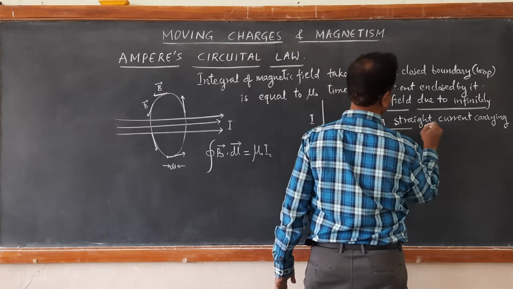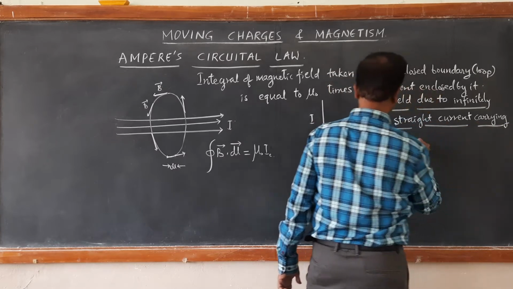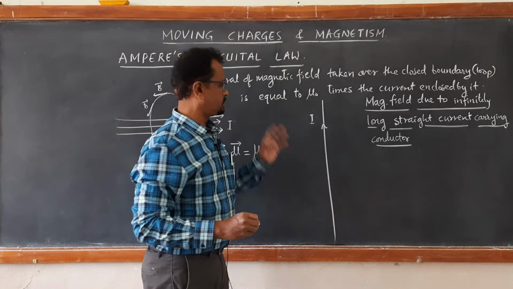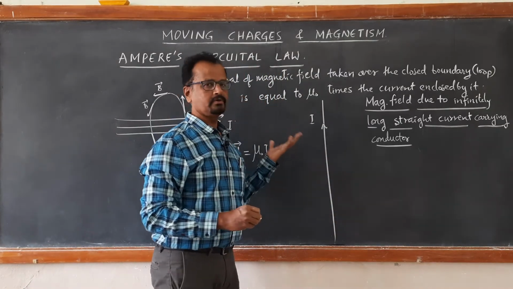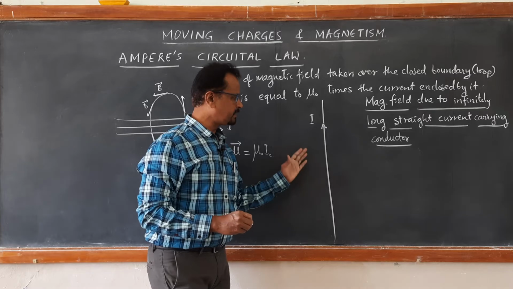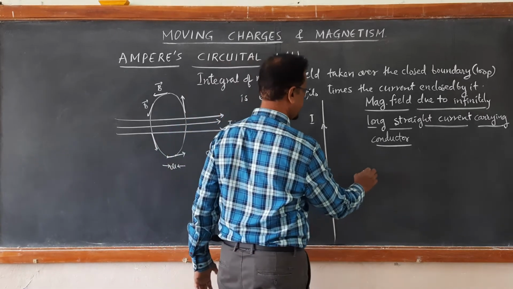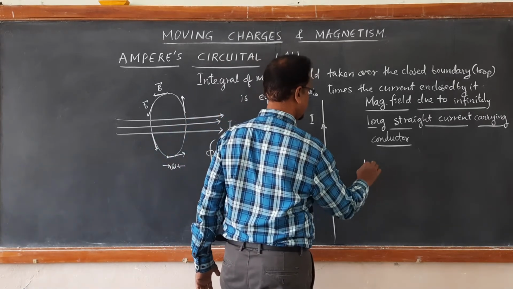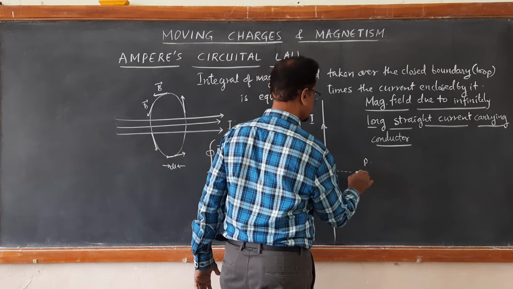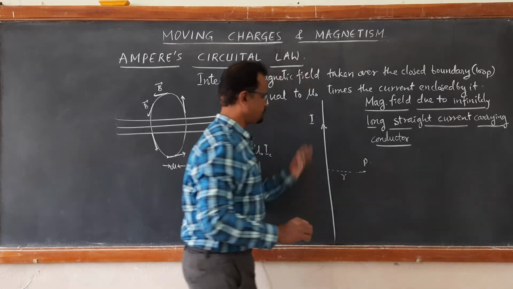So for such a case, you see, Ampere's circuital law helps us a lot. One can find out the magnetic field. Suppose I want to find out the magnetic field at a point P, which is at a perpendicular distance r from the wire.